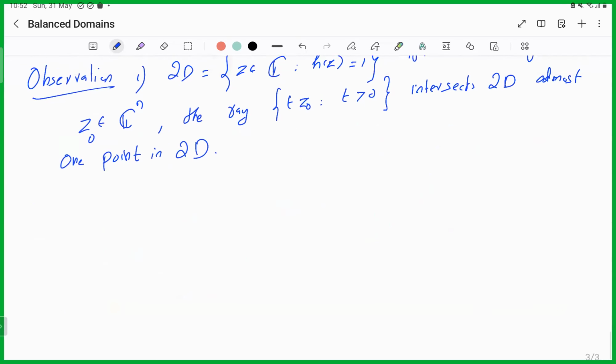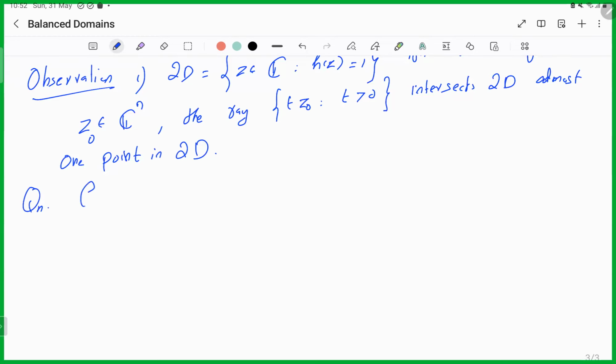Is it at most or exactly one? At most, because if D is unbounded, it may not intersect the boundary.